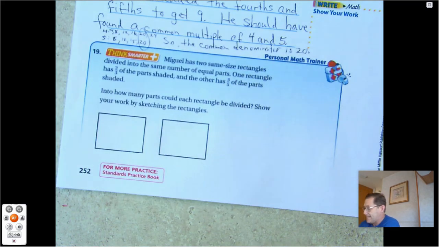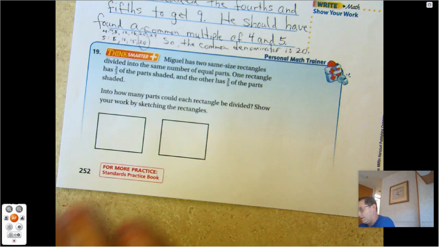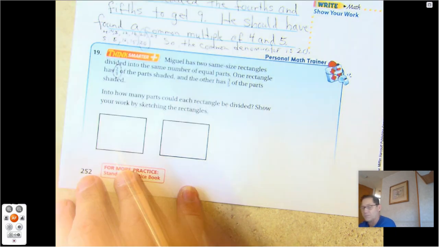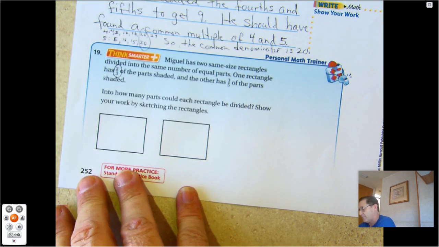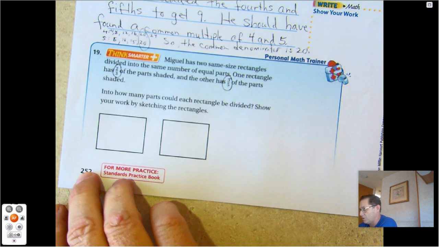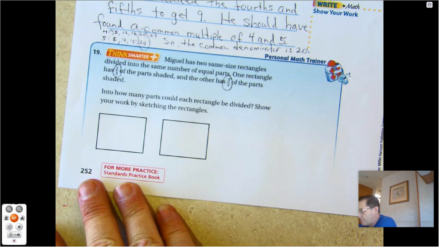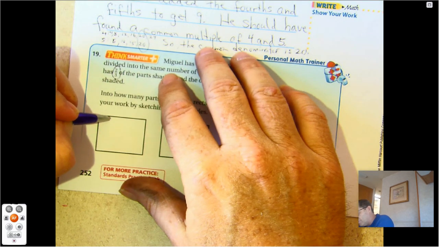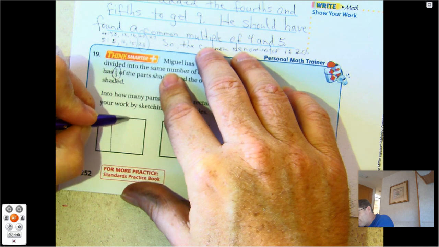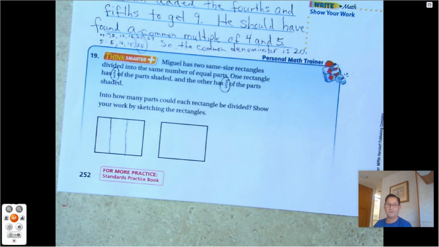And 19. Miguel has 2 same-sized rectangles divided into the same number of equal parts. One rectangle has 2/3 of the parts shaded, and the other has 3/5 of the parts shaded. Into how many parts could each rectangle be divided? Show your work by sketching the rectangle. Okay, so we have 2/3 there.